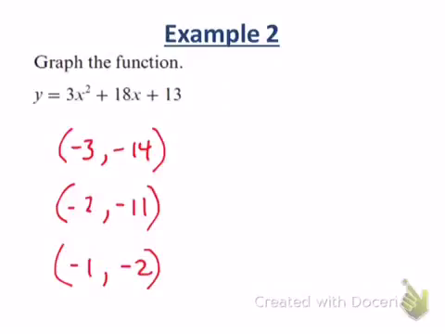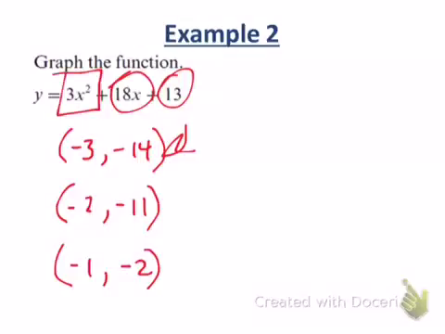So we can get points by scaling. If I was dealing with y equals something that has a 3x squared, I want you to notice that these two numbers only affect where the vertex is. That's the only effect they have on the parabola. The shape is completely determined by the 3x squared.